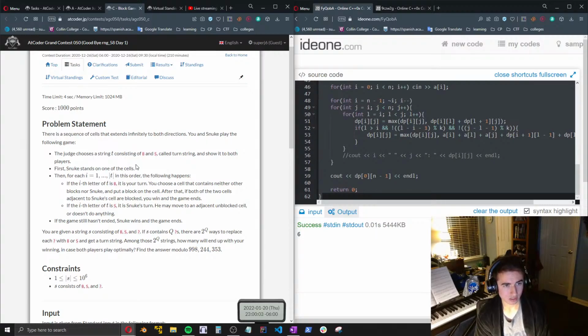First, Snook stands on one of the cells. The ith letter of T is B. It is your turn. You choose a cell that contains neither other blocks nor Snook, and put a block on that cell.